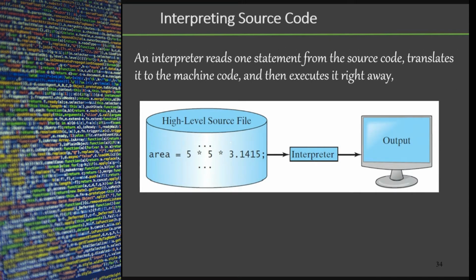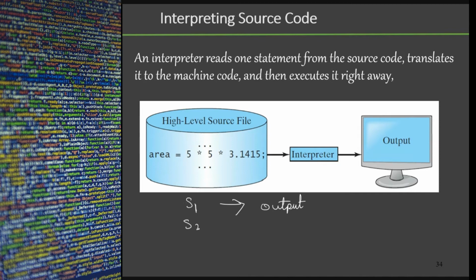Interpreter, as the name suggests, interprets the instructions one by one, students, directly to the output. So for example, one statement is there, let's say S1. Directly it will show the output for this instruction.